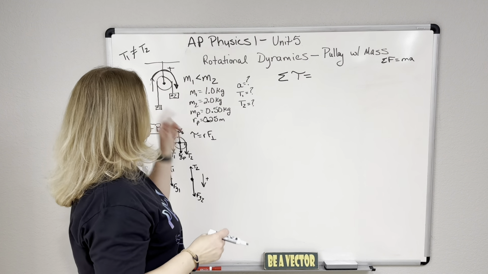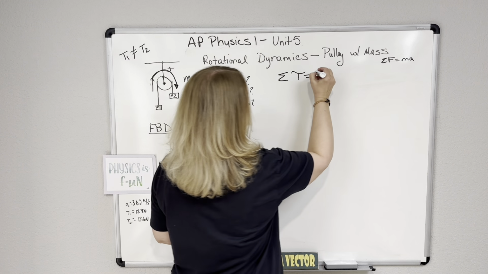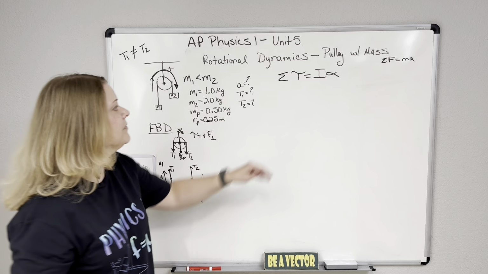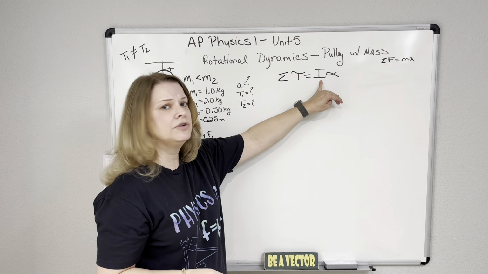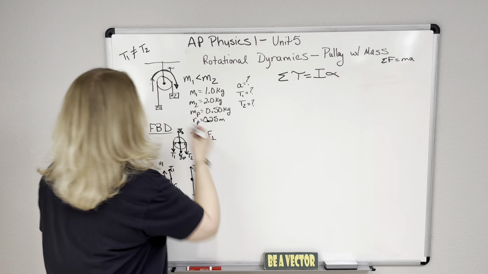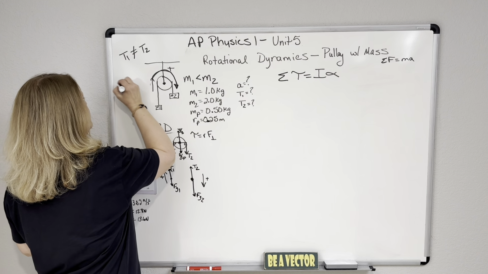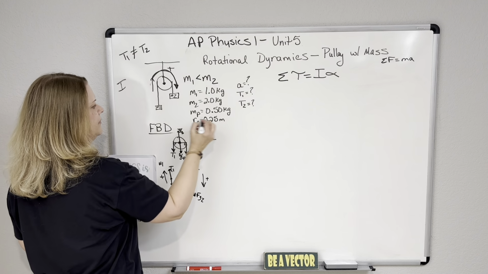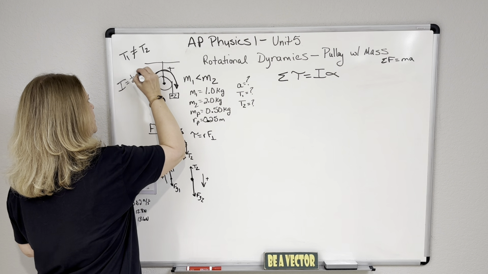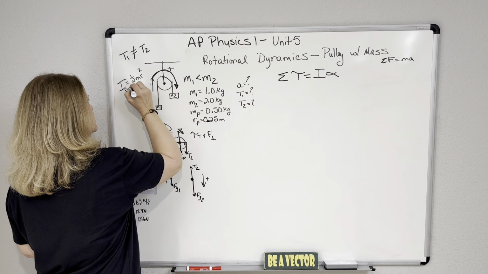But once that pulley has mass, we've got torque, so we are going to Newton's second law still, but rotational motion. The sum of the torques equals moment of inertia times the angular acceleration. Now remember this pulley is a disc, so that I is going to be 1/2 mr squared because it is a disc.